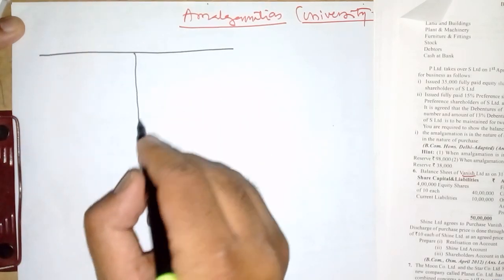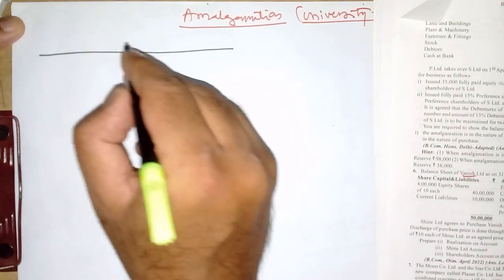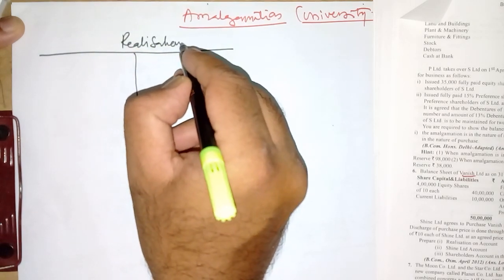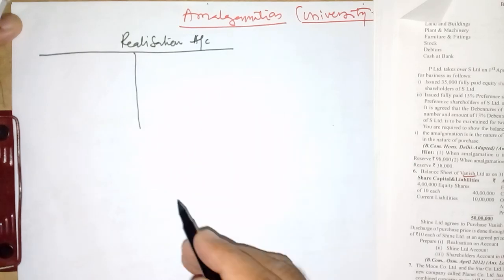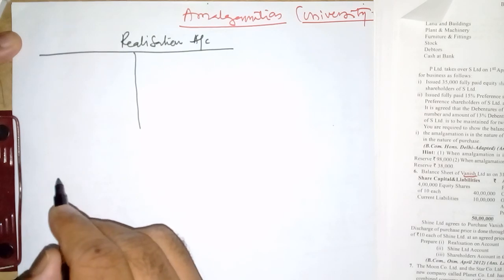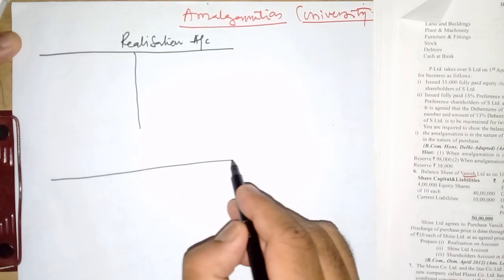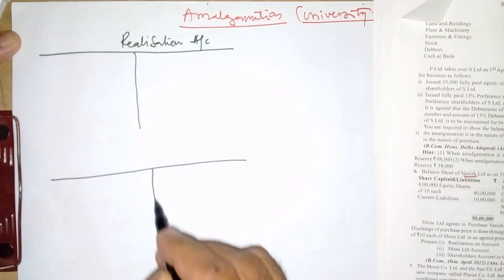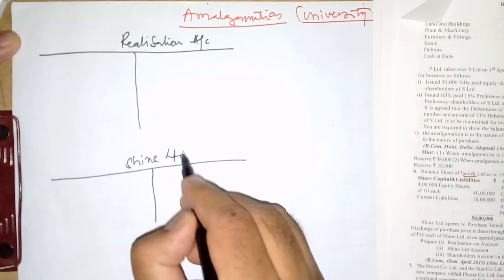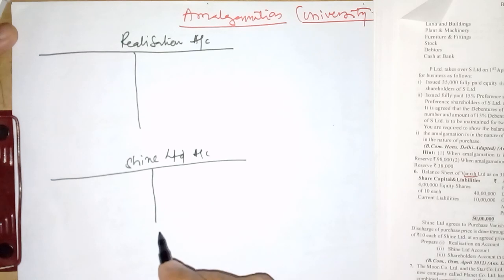Directly I am preparing ledger accounts. So this is realization account, right? Then next is Shine Limited account.